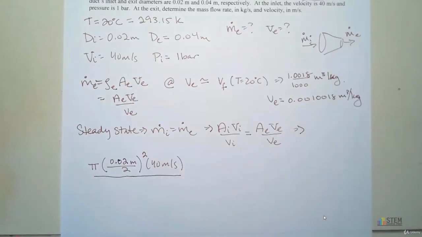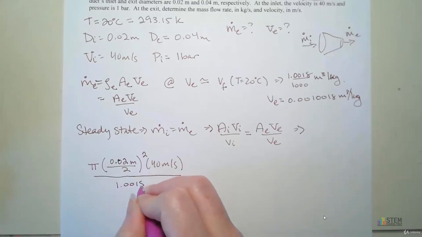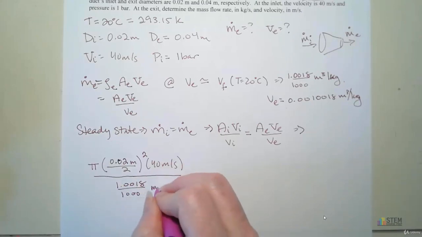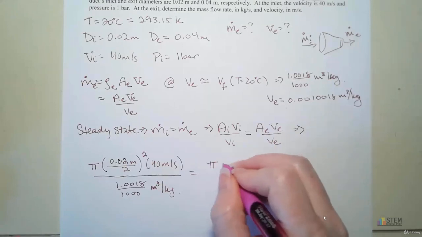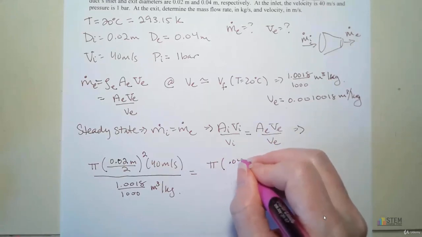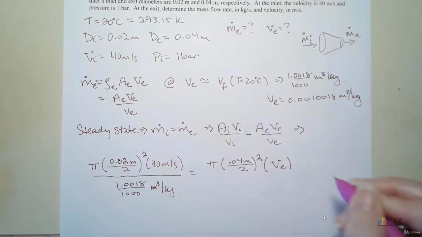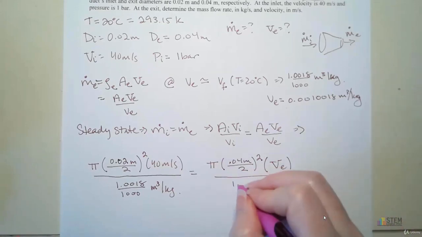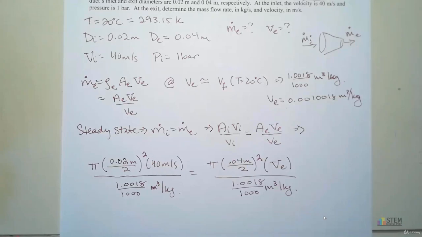My compressed liquid tables don't go down that far, so we're going to just use an estimate. So we're going to have the 1.0018 over 1,000 cubic meters per kilogram, and then we're going to set it equal to the conditions at the exit. So we'll have pi times 0.04 meters over 2, square that. Then you've got velocity of the exit, which we don't know yet, and then we're going to divide that by specific volume.